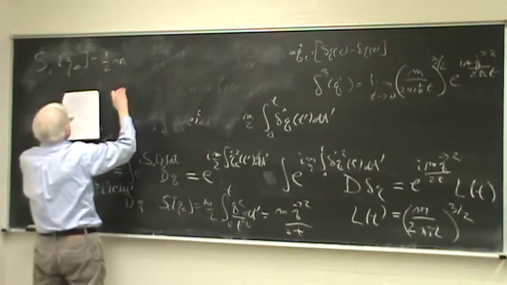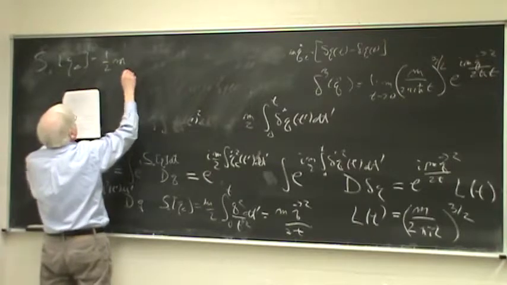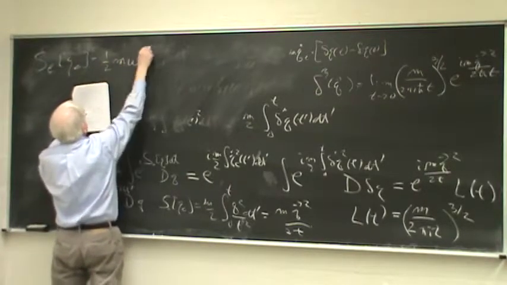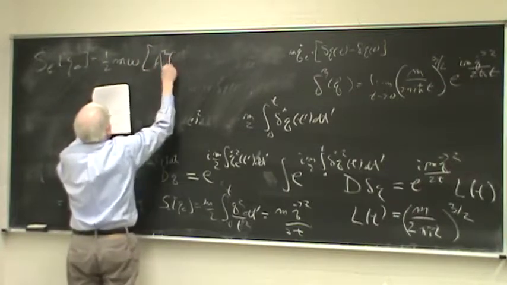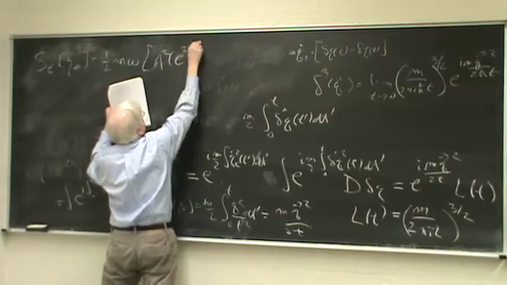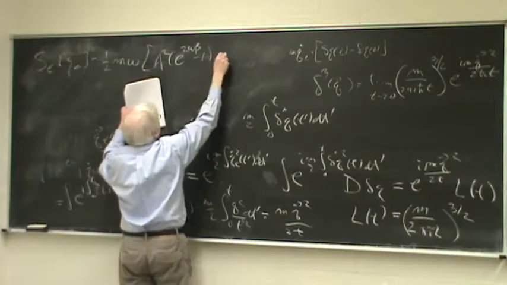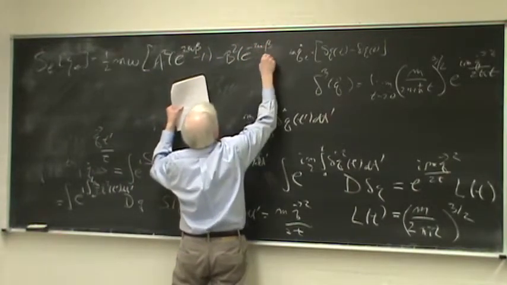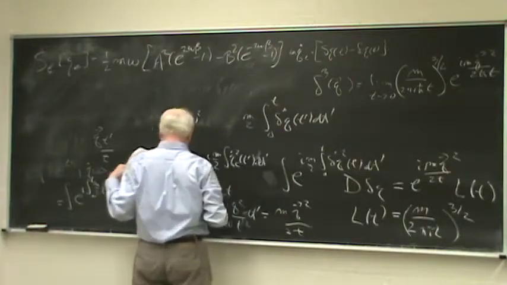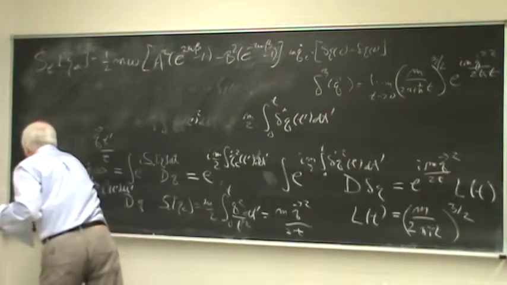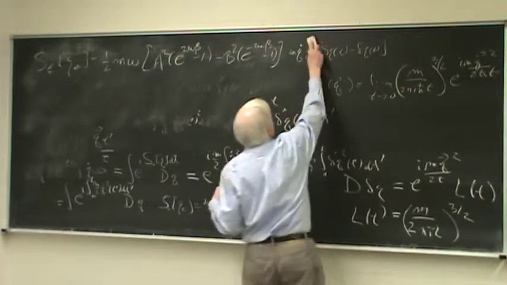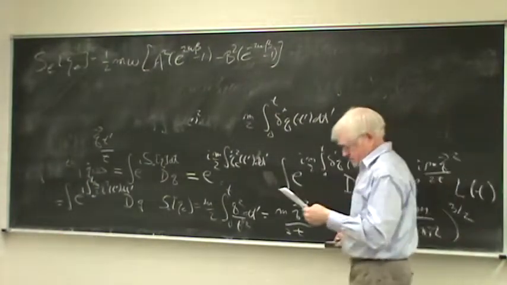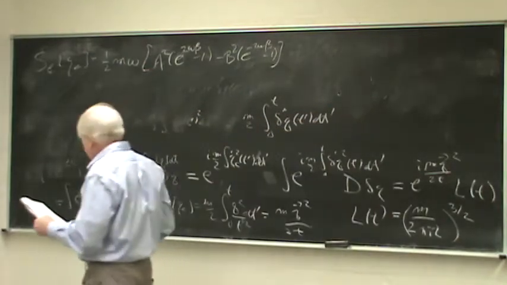I don't see why it's SE of QE. Well, all right, E for Euclidean. It's 1/2 m omega times A squared times e to the 2 omega beta minus 1, minus B squared times e to the minus 2 omega beta minus 1. Okay, so that's the value of the, so to speak, classical Euclidean action for the path of minimum Euclidean action.